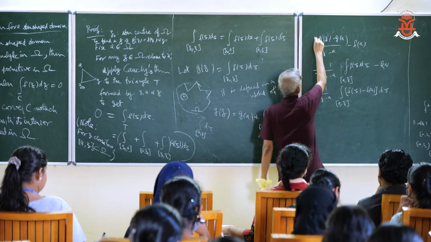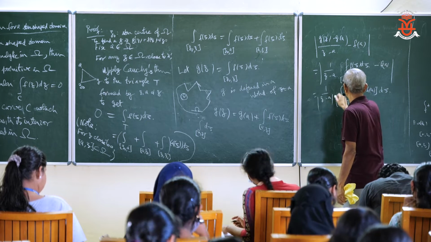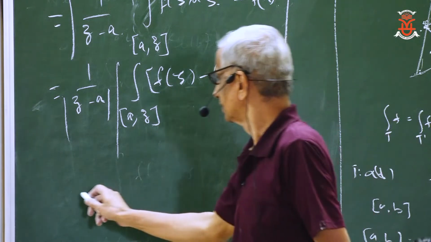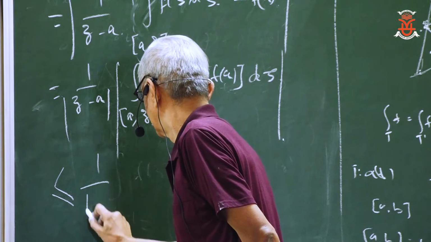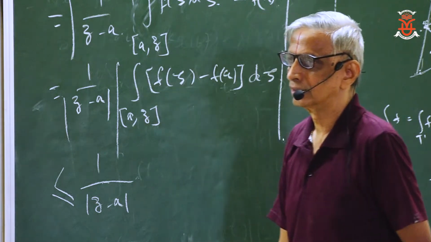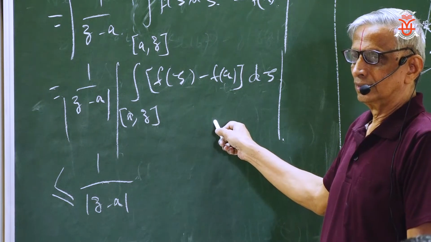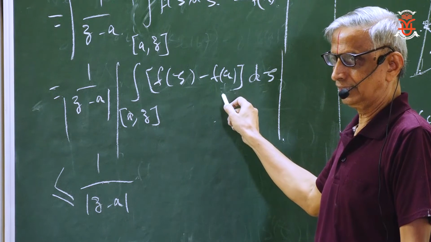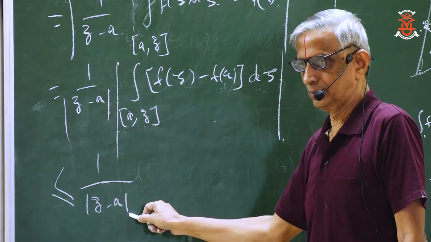So what is the estimate for this? The maximum of the integrand times the length of the curve. The length is mod z minus a.